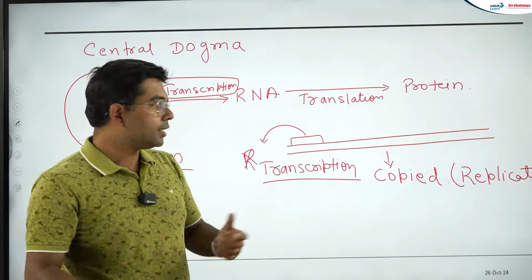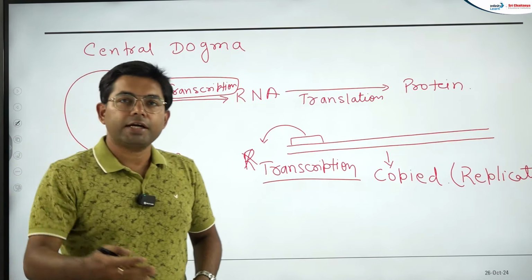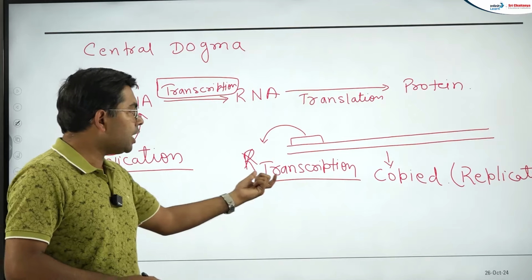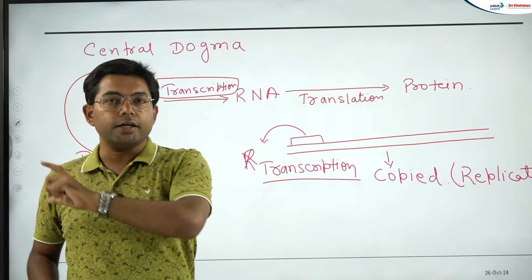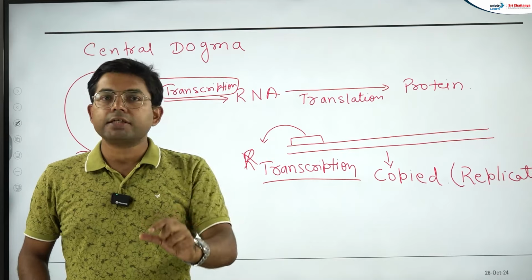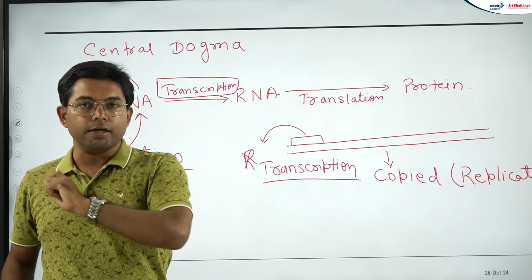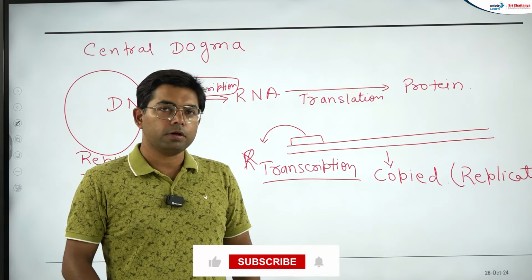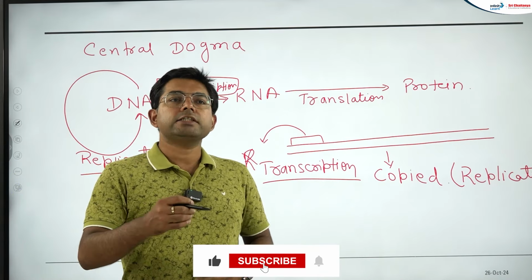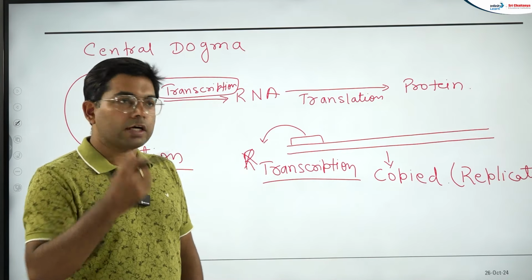Now the second thing is that DNA replication will produce a double-stranded DNA, whereas transcription will produce a single-stranded RNA. So from a double-stranded DNA you get a single-stranded RNA. We will see how this single-stranded RNA is formed, but before that let's understand what is the single unit of transcription.